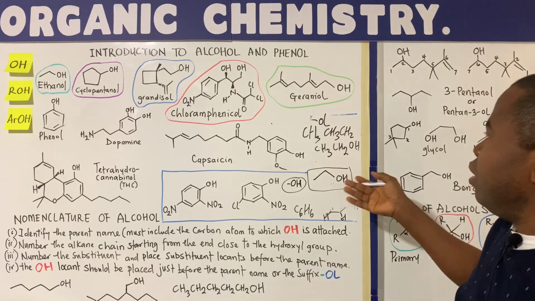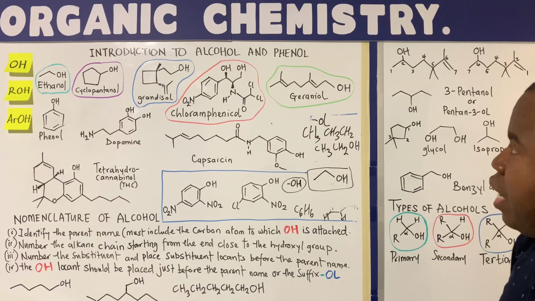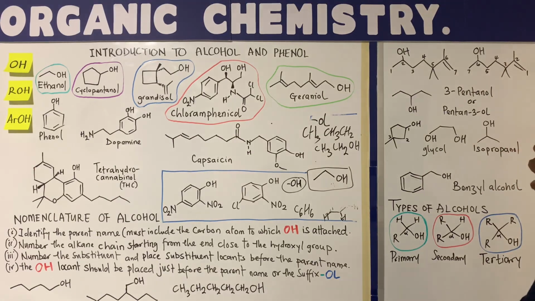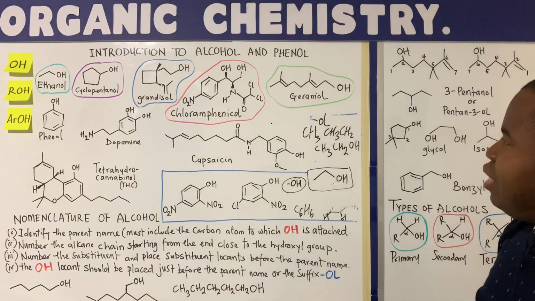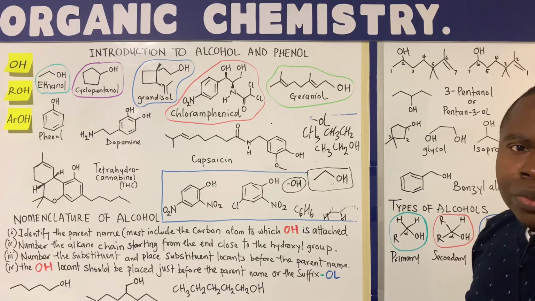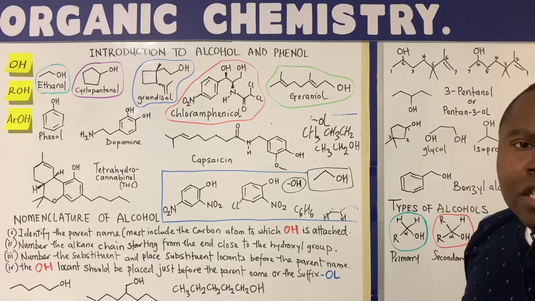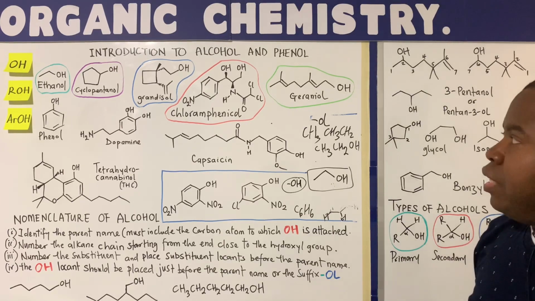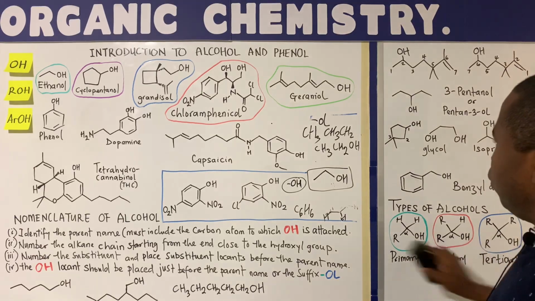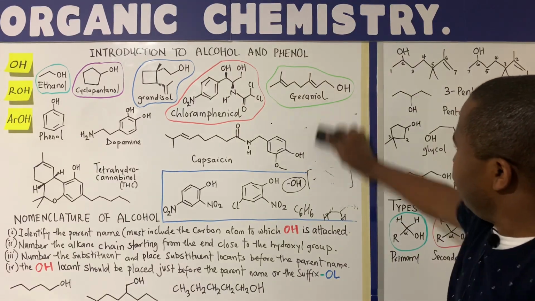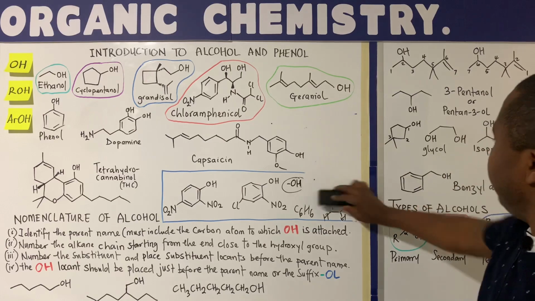So basically, an alkyl group can be any combination of carbon and hydrogen atoms that are linked together and mostly saturated, but you could also have an unsaturated alkyl group. That is, they have an alkene or an alkyne in their structure. So like I said, you can have unsaturated.